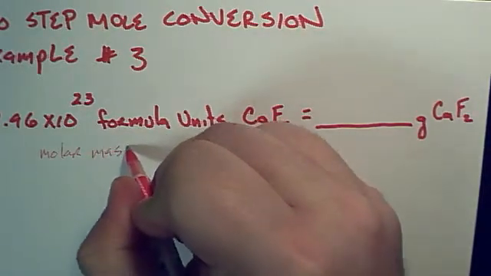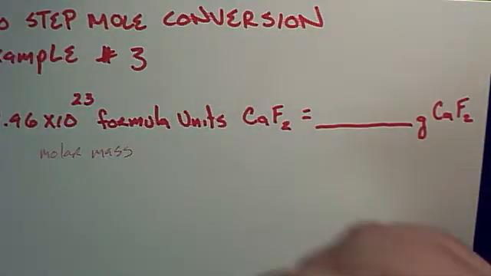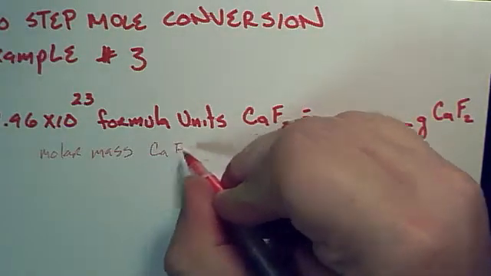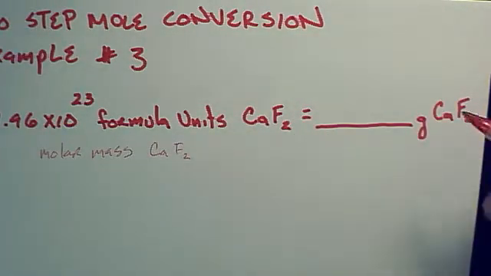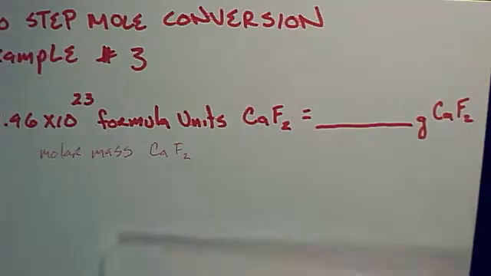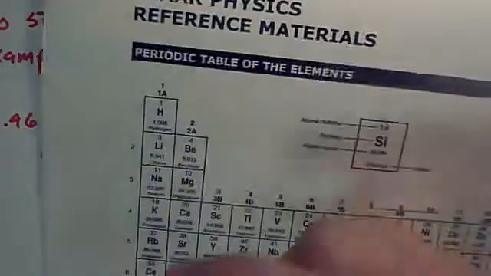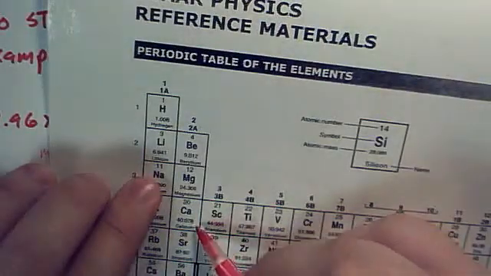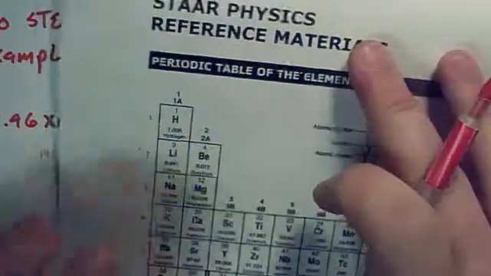So I need to know the molar mass of calcium fluoride. Well, we look at our periodic table and we find calcium, and its mass is 40.078.